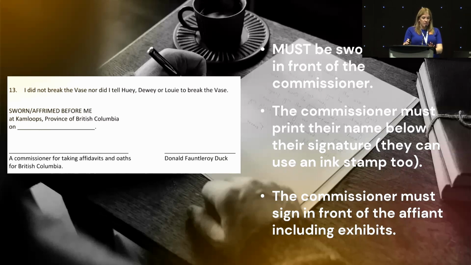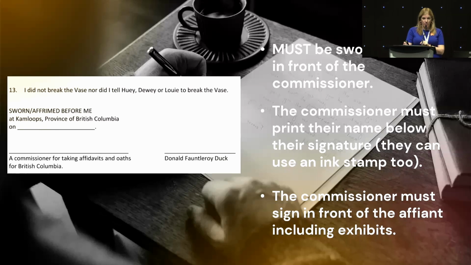It's a really smart idea to tell your clients that this is similar to giving evidence in court so that they understand the seriousness of swearing these documents, and get them to read it. If you change something in it, get them to read it again.